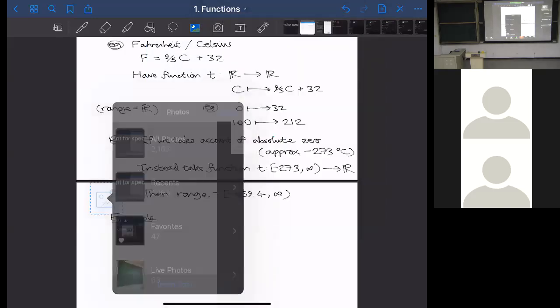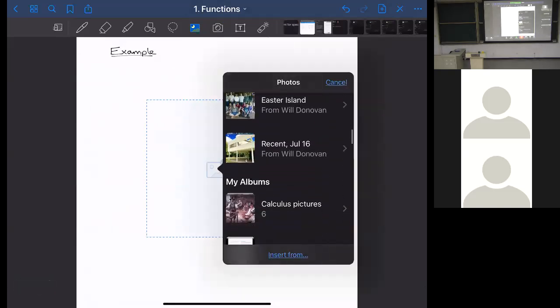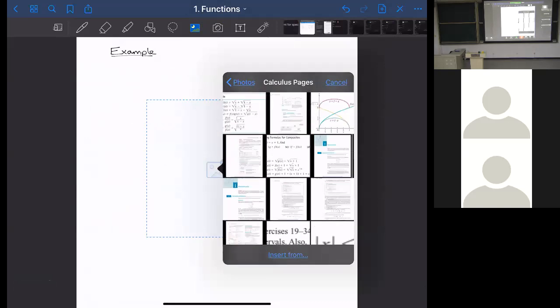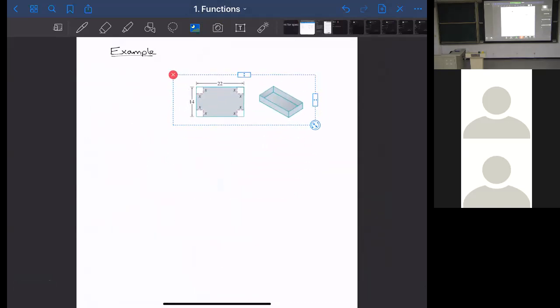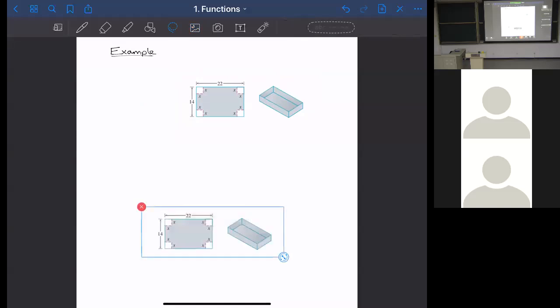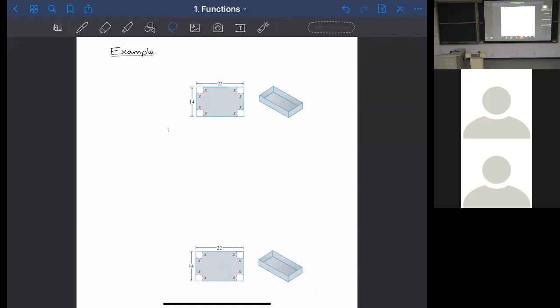I should do this. Yes. Okay. Yeah, so now it works better.